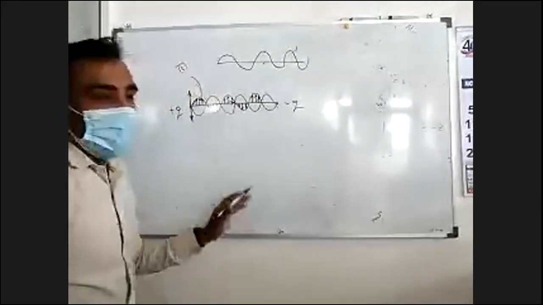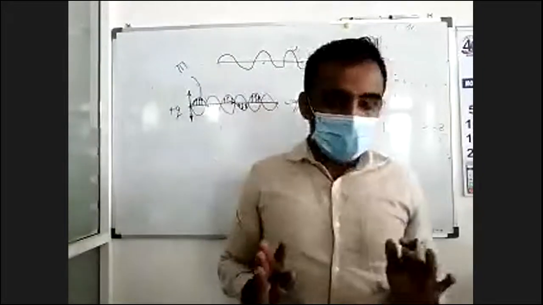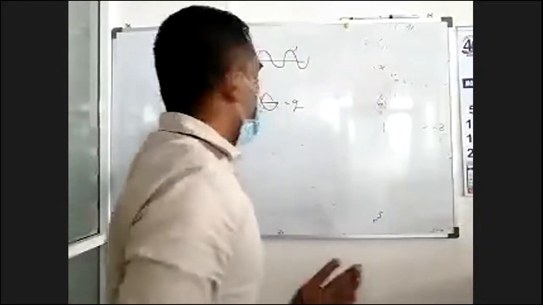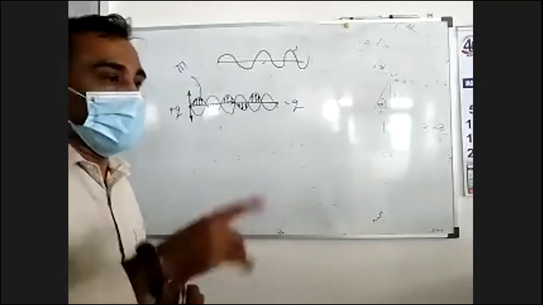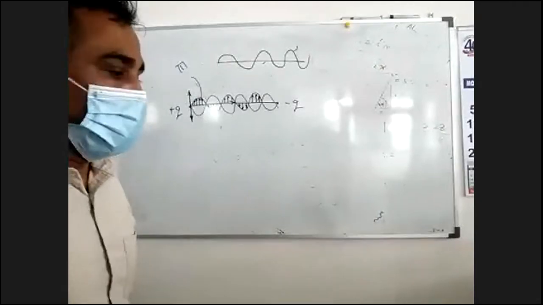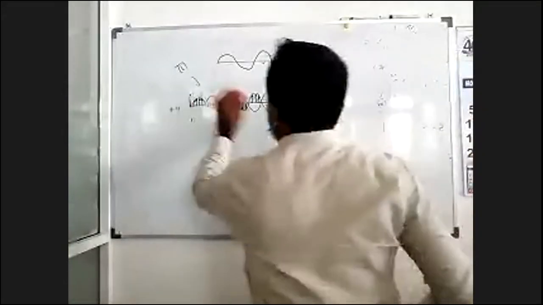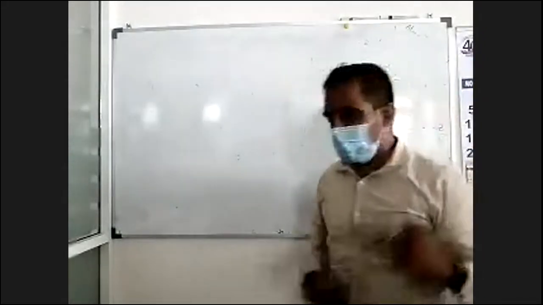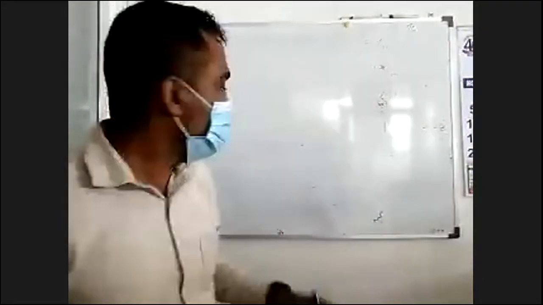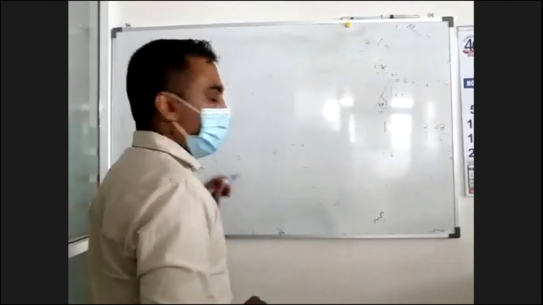So we can show it later, and how the magnetic field comes with the oscillating electric field. So that is how we generate the electromagnetic field.